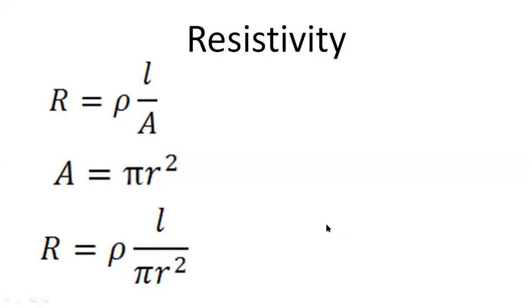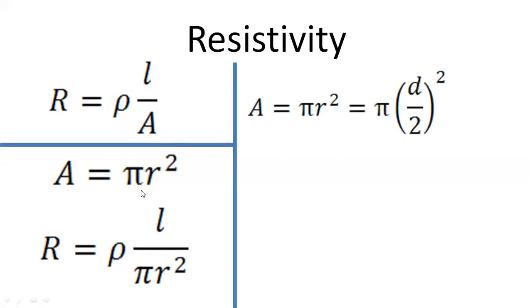Okay, so let us modify the formula again, because we want to have the value of diameter in place of radius. So how to change the value of radius? You already know the formula for area, pi r square. Diameter is 2 times the radius, so if you multiply radius 2 times, you get diameter.